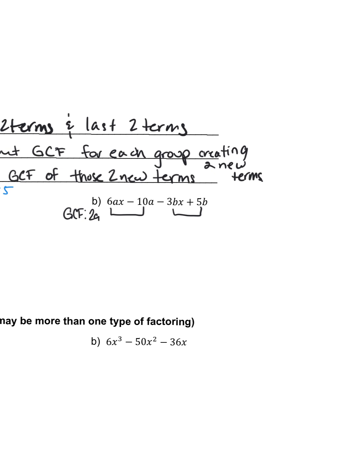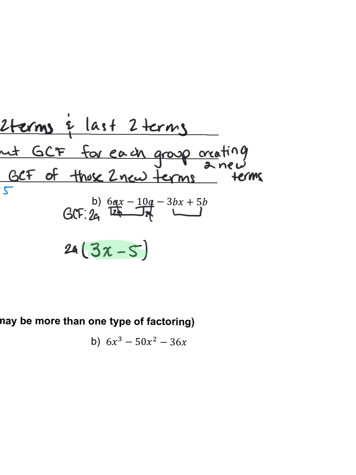Since 2a is my GCF, I'm going to factor both terms by 2a. The first one, put 2a here, parentheses, 6 divided by 2 is a 3, and the a's cancel, so I'm left with just 3x. Here, 10 divided by 2 is a 5, so minus in between, and the a's cancel out. So here is my hint of what I want left in the parentheses over here.